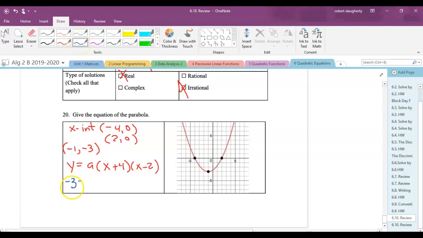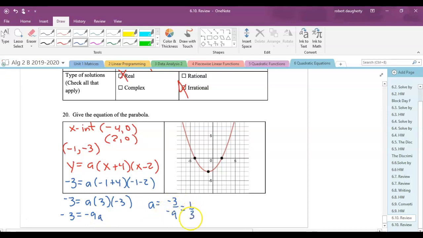So -3 is equal to a(-1 plus 4)(-1 minus 2). -3 equals a times 3 times -3. So -3 equals -9a. So a is equal to -3 over -9, which is 1/3. So this equation is y equals 1/3 (x plus 4)(x minus 2).